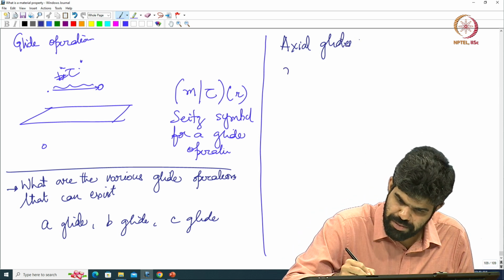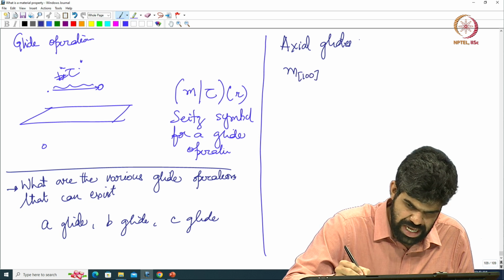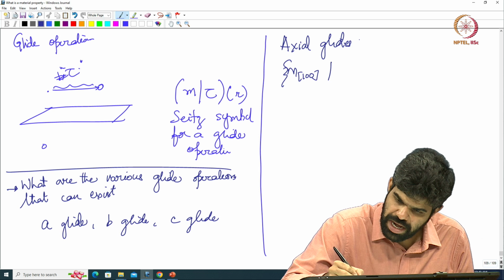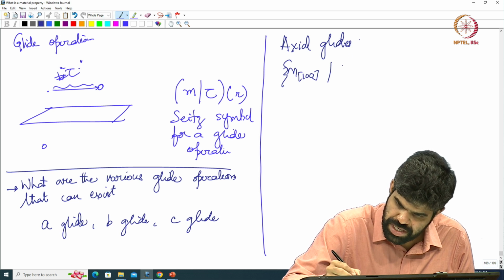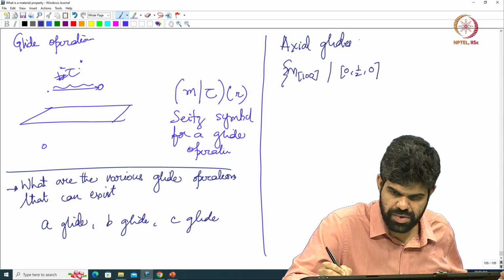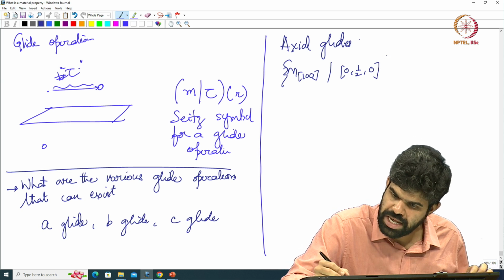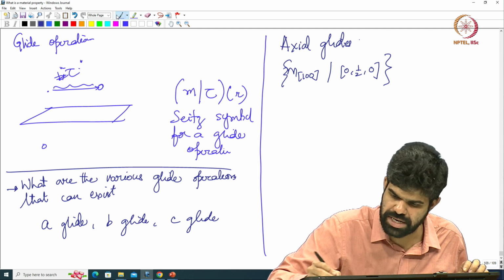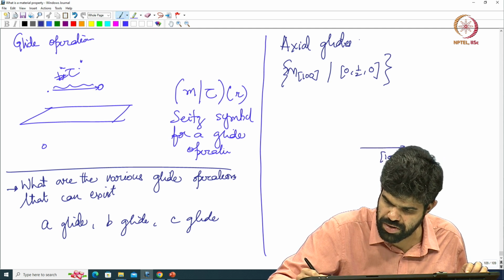So let us say I have a mirror about 1 0 0, right, and I have a glide where my glide vector is 0 half 0, right. So typically if this is the A axis, I am just going to draw it as horizontal.